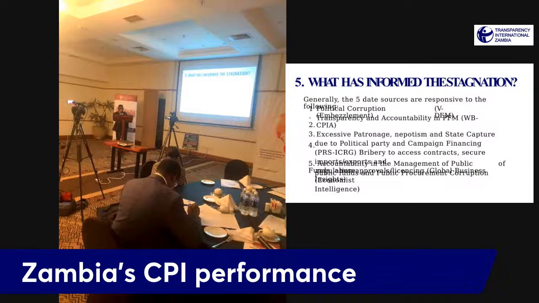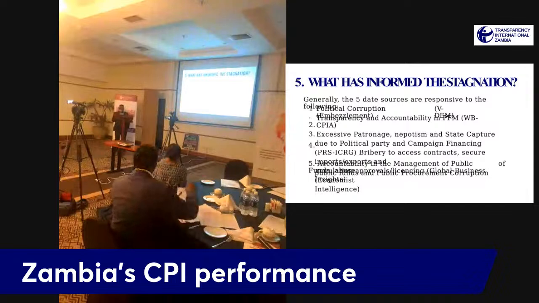So just a run through the 5 different data sources, and you're asking yourself the question, what kind of corruption are they focused on? So the first one is political corruption, embezzlement. That's the Varieties of Democracy Index. So we have transparency and accountability in the public financial management.